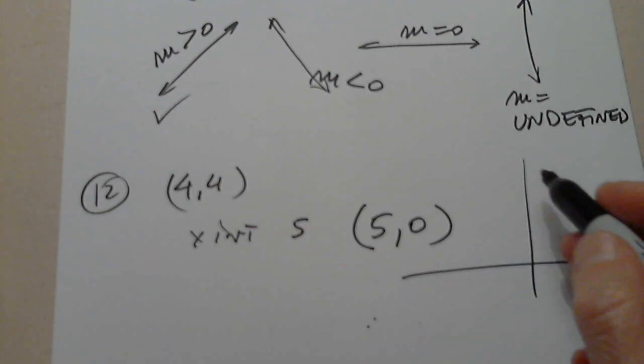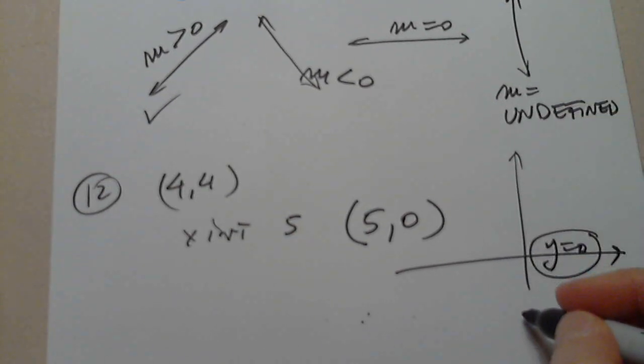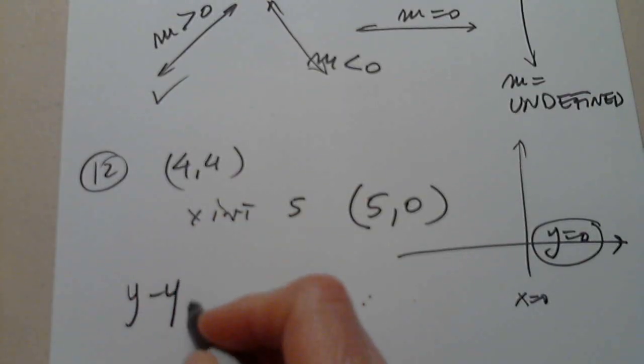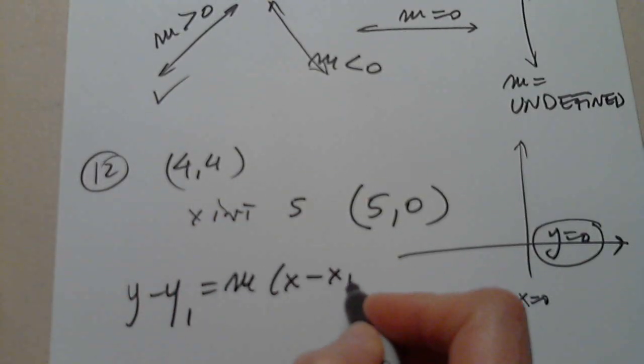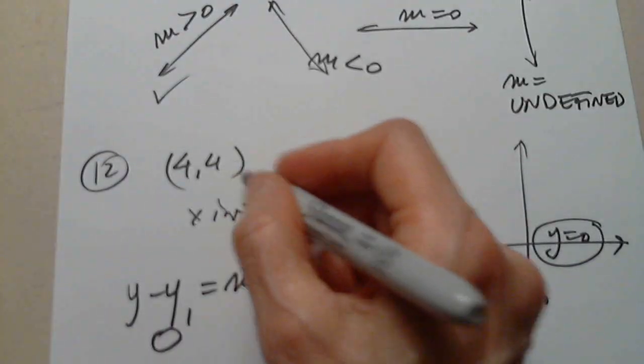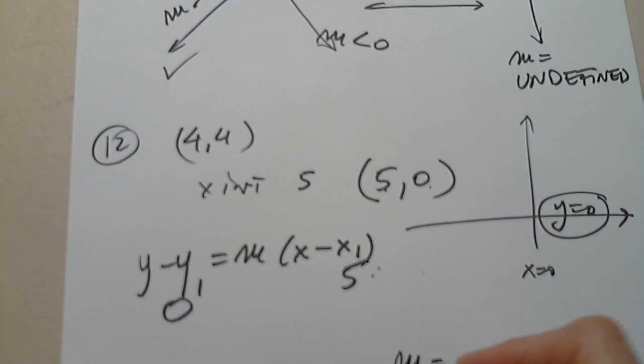So this line has y equals 0, the x-axis. This line is x equals 0. Good, so I have y minus y1 equals the slope times x minus x1, where this is 5 comma 0, and the slope I did not determine.